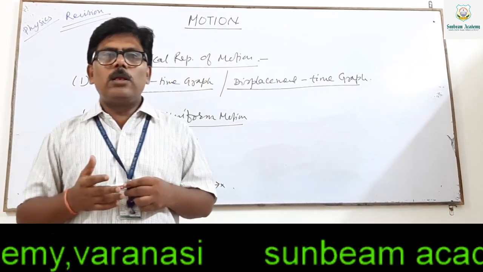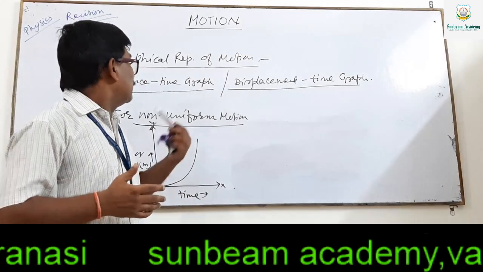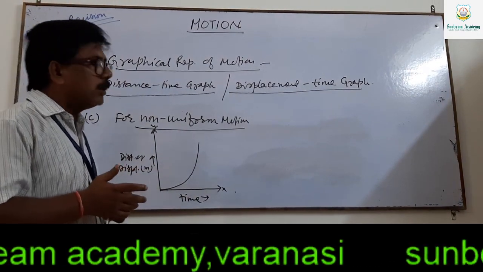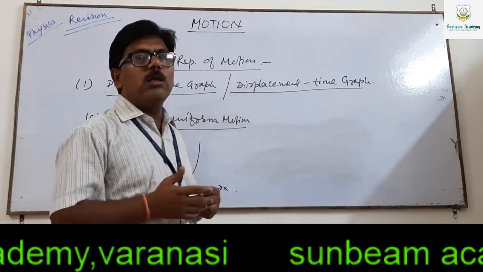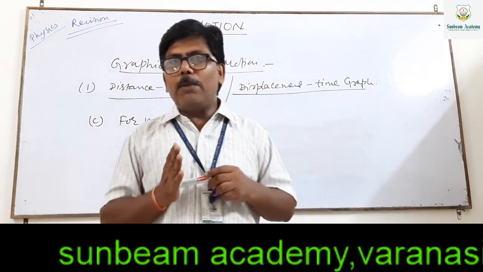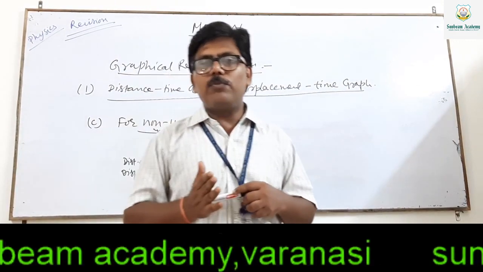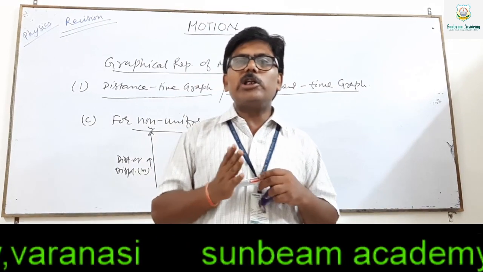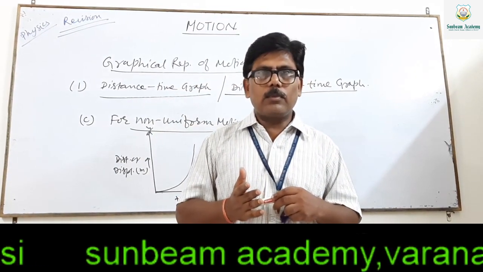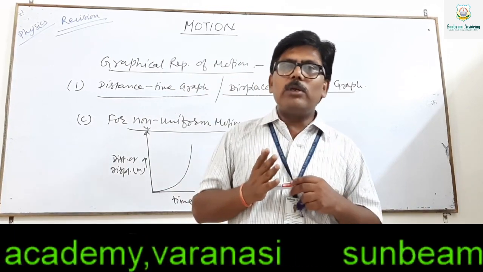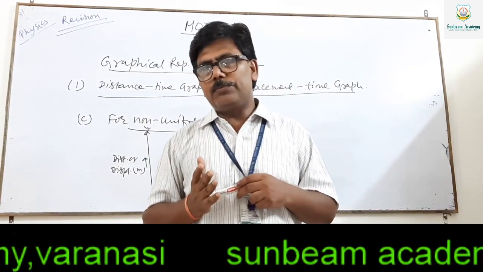Now let us move to the second representation of motion, called the velocity time graph. With the help of the velocity time graph, we can calculate the acceleration of the body.